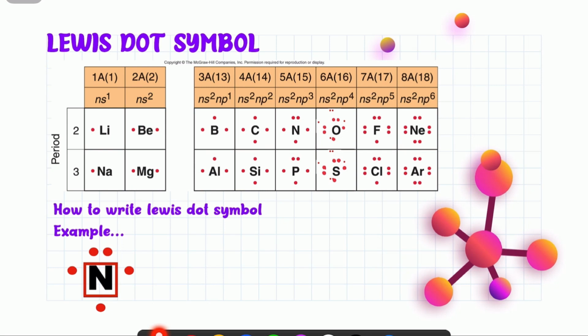So at one side the maximum is 2 dots, or 2 valence electrons. The box I put here is just to show you that it has 4 sides. You don't actually need to write the box.